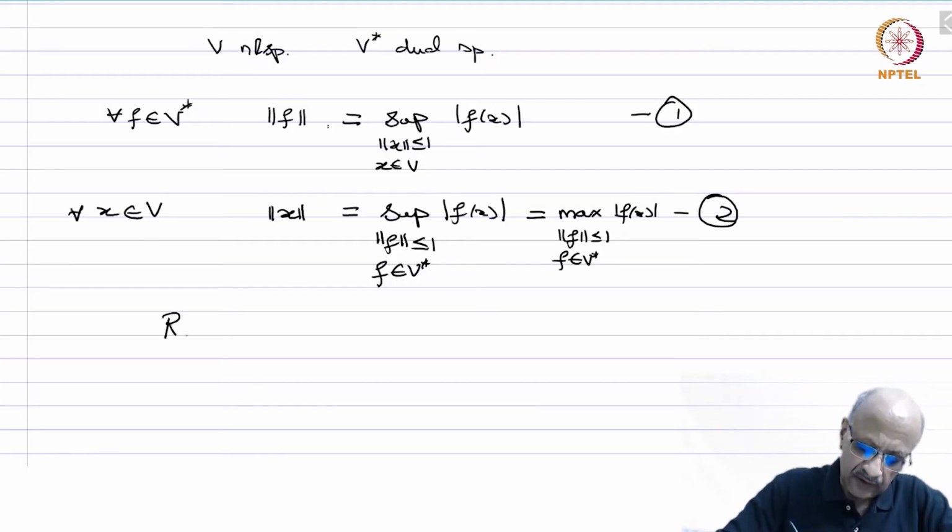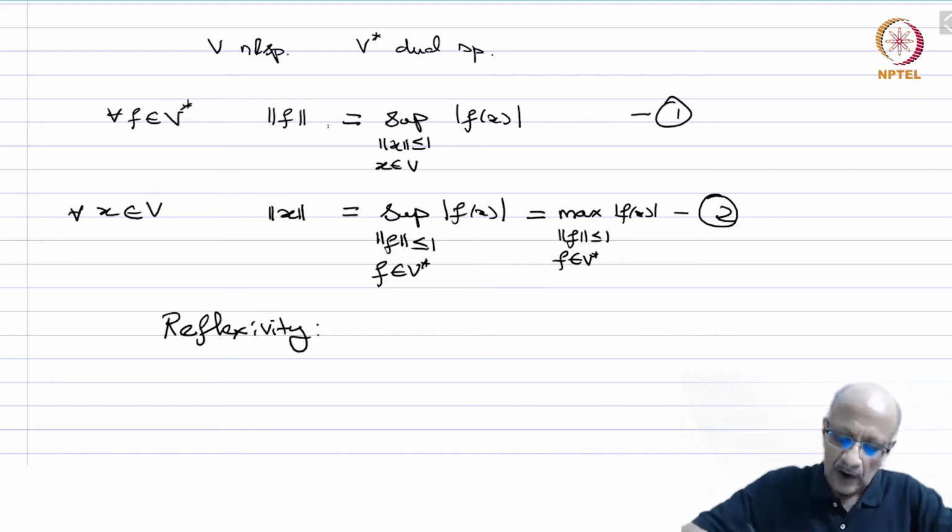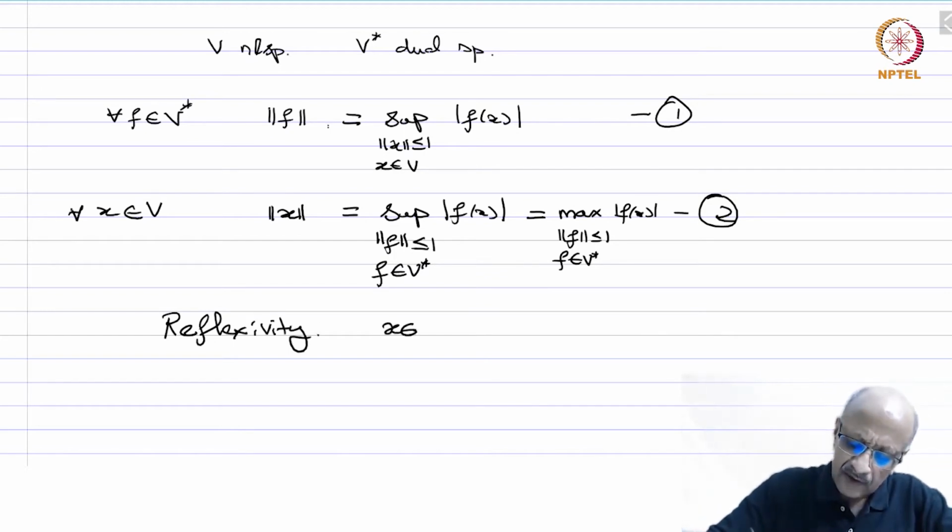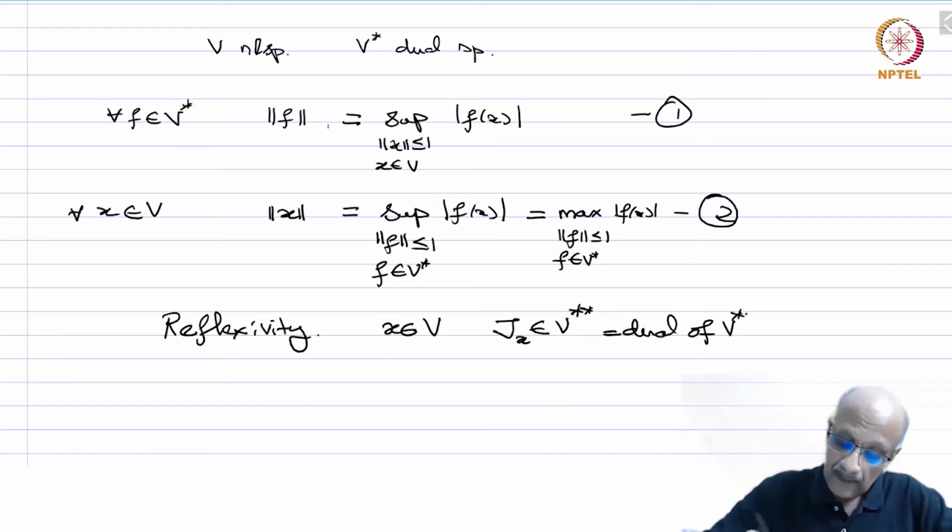This is called reflexivity. So let us take x in V and I define Jx in V double star, that means the dual of V star, by Jx acting on any f is nothing but f of x, the evaluation of f on x.